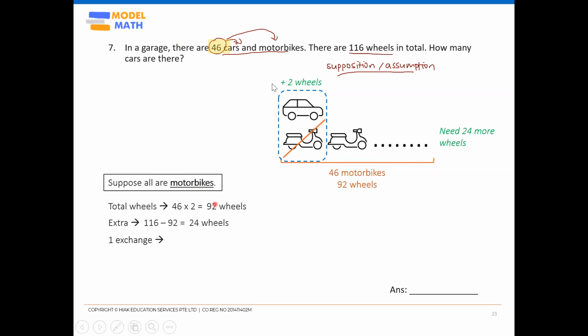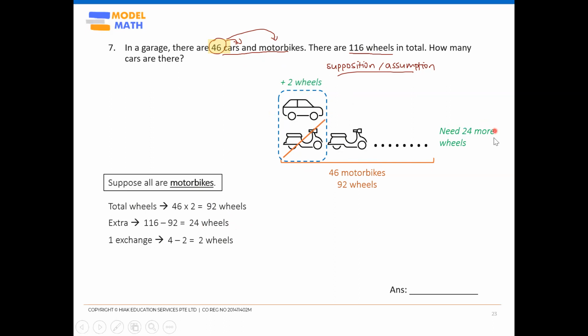And of course, we have to show the step how to get this 2: simply 4 minus 2, the difference between a car and a motorbike's wheels. All this has to be illustrated here for you to understand better the logic behind every step. So every exchange leads to an increase of 2 wheels.